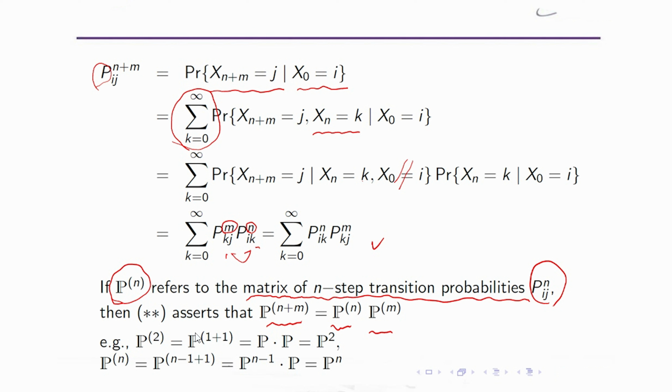So we prove that the two-step transition probability matrix is equal to the one-step transition probability matrix P squared. Okay? And similarly, we can prove that the n-step transition probability matrix P^(n) is equal to the one-step transition probability matrix P to the power of n.